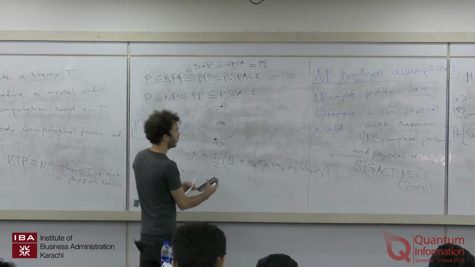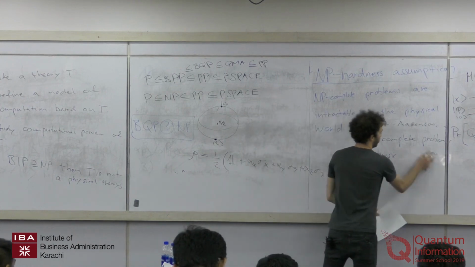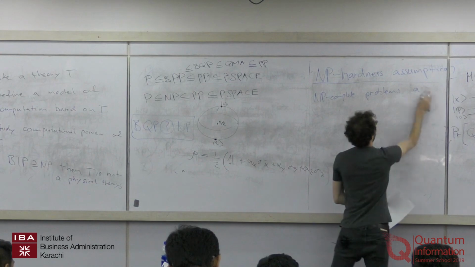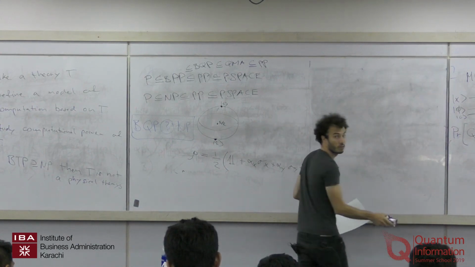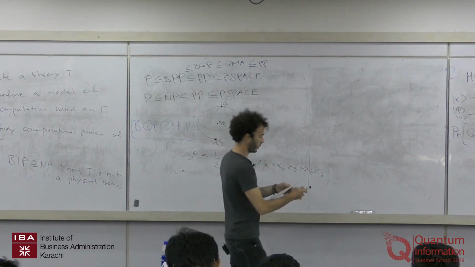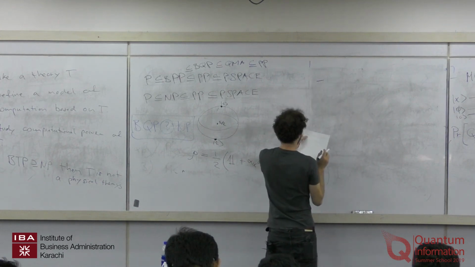But I want to give you a list of topics that I did not mention. If you're interested in quantum computing and quantum information, you definitely should look up these topics because they are very interesting things.